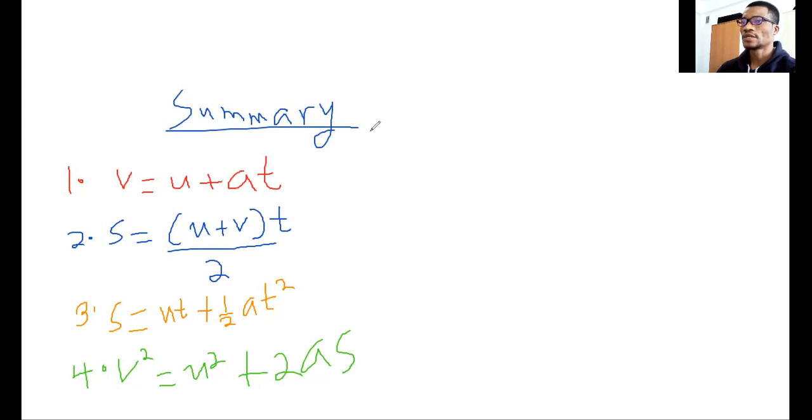I have shown you an example of how to apply them in another video, so you can find it on my Google Drive. There I've solved some problems involving constant acceleration where these equations are applied. So please do watch the videos, and if you have any questions, you can send them to me.